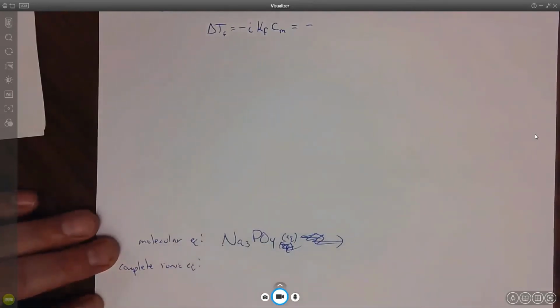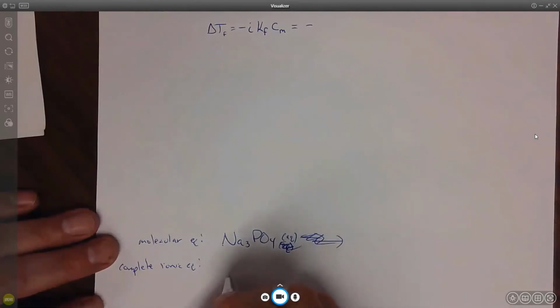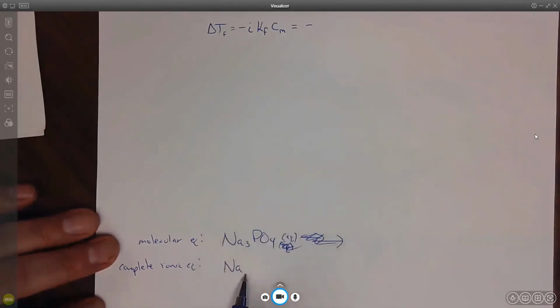Why don't you just split it? Okay, into what again? Na3. Where the 3 goes down here? Oh, outside. It's 3, right? We don't know any polyatomic ions with sodium. What charge does it get?